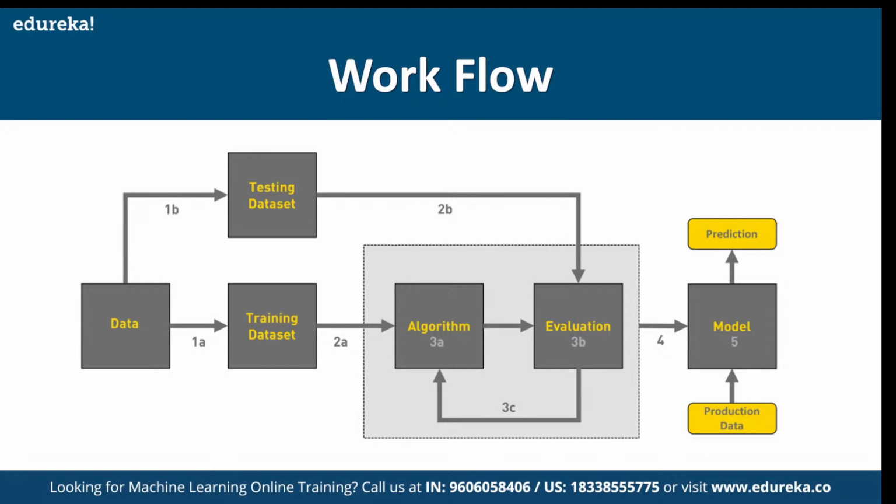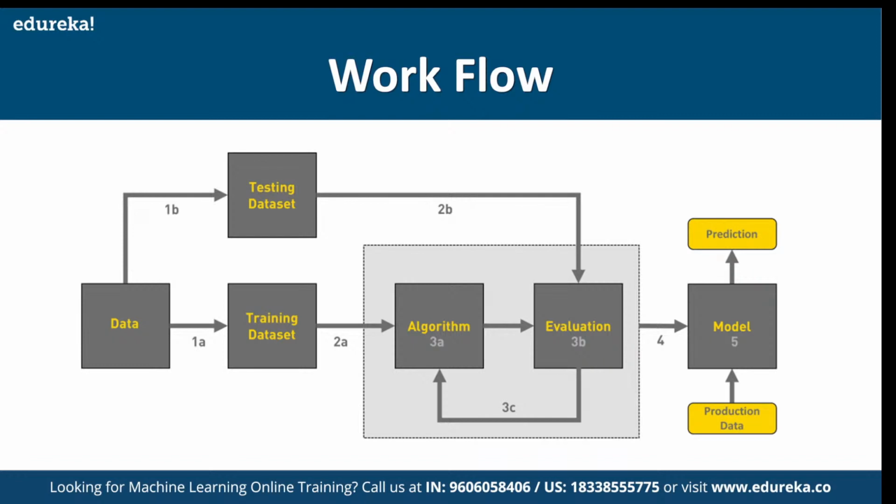Now on this 80% of my original dataset, which is my training dataset, I would be choosing a particular algorithm, and I'll be working with that algorithm. Now, how do I choose this algorithm? I'll have to make sure that I know what my dependent variable, or the target variable, is. And since this is a supervised problem, I could choose any of the supervised techniques.